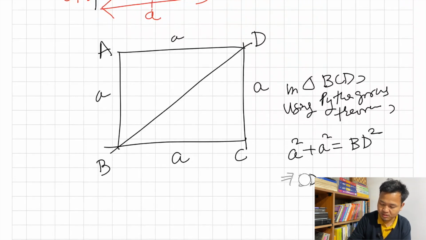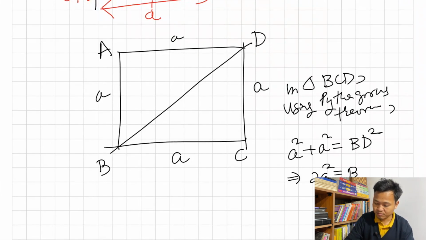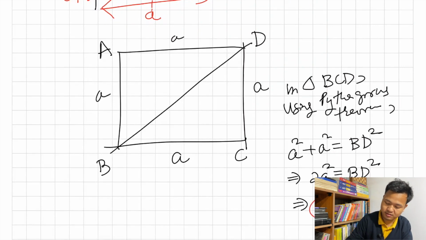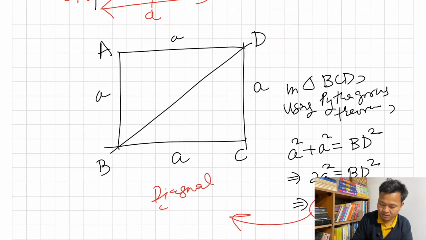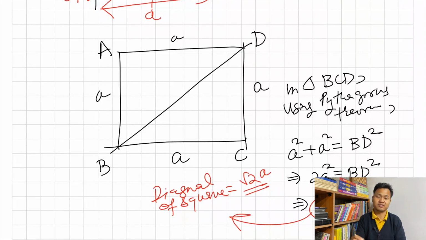So 2 into a square is equal to BD square, or BD is root 2 into a. Remember, the diagonal of a square is root 2 into a, where a is the side of the square.